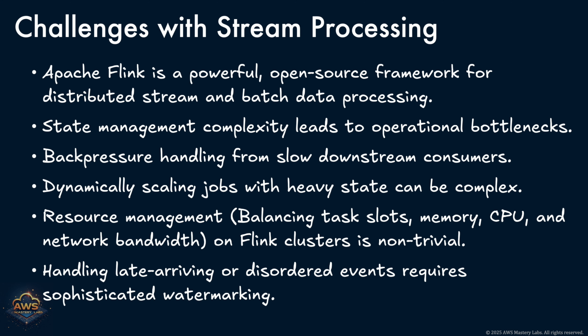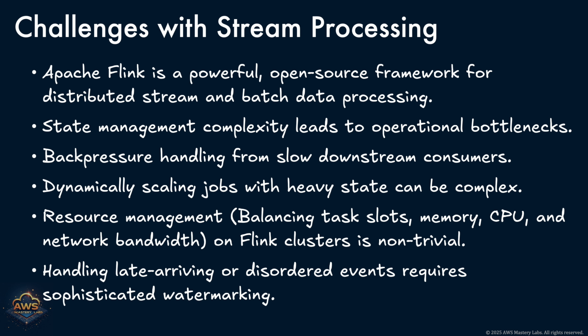Flink applications need fine-tuned allocation of task slots, memory, CPU, and network bandwidth across a cluster. Poor resource planning can lead to job instability, inefficient utilization, or unnecessary costs. Then, there's the problem of handling late arriving or disordered events. In real-world systems, data often doesn't arrive in perfect order.